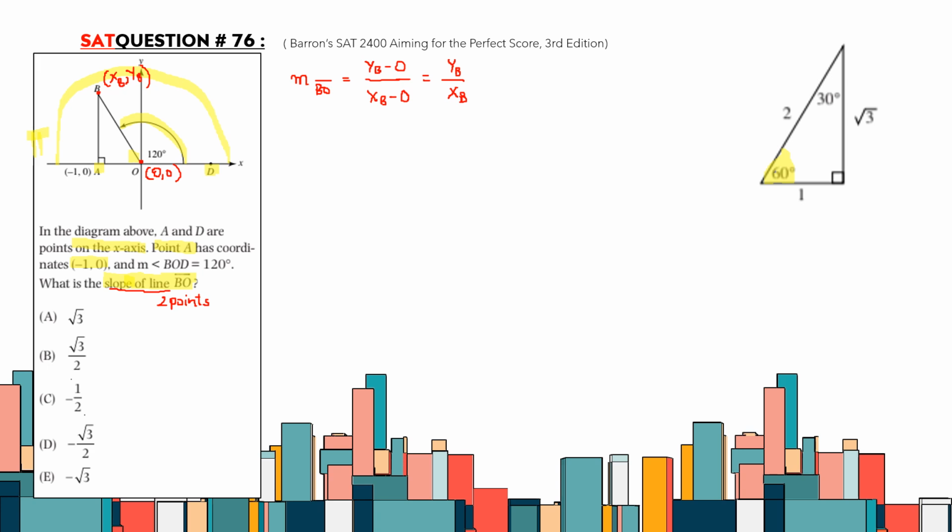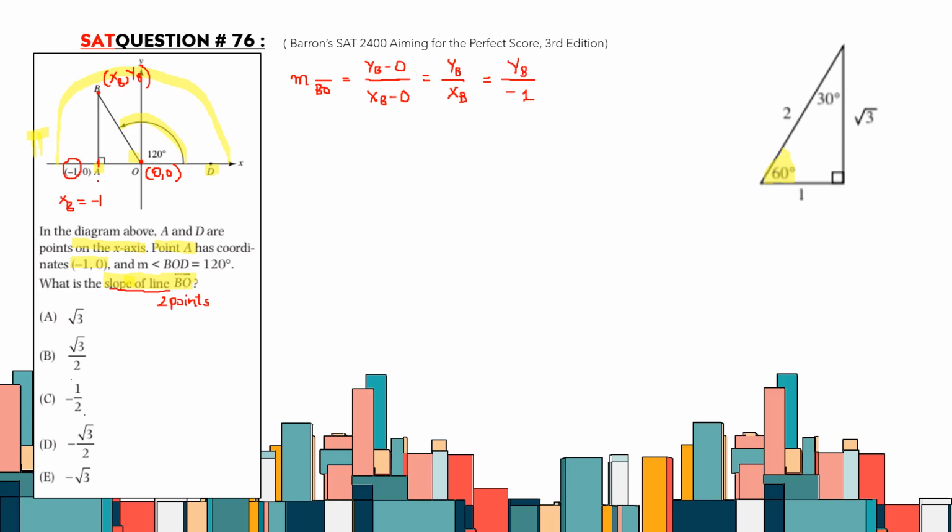Like I said, I just call the coordinate of point B x sub b, comma y sub b. To find that, we see that B has the same x value as A, right? So we have -1 for x sub b. So x sub b equals -1.